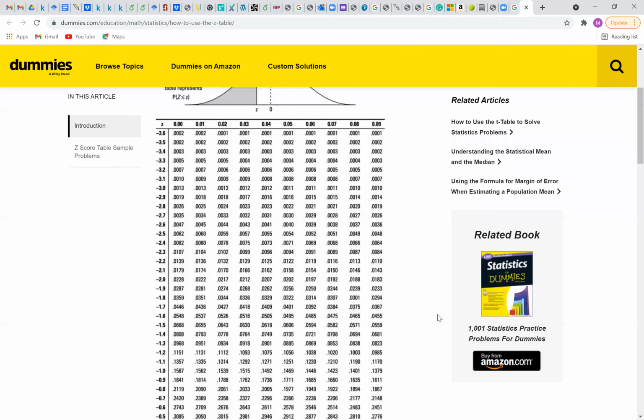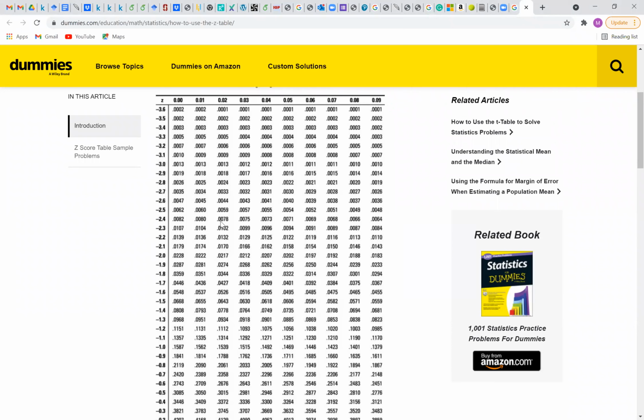Okay, so this is the Z table. What was our alpha value? Alpha was 0.05, so now we need to look at 0.05. Where is 0.05? This is 0.01, 0.009, 0.01, 02, 03.